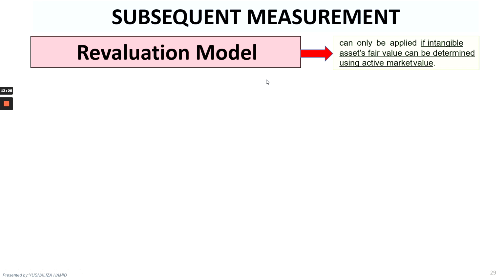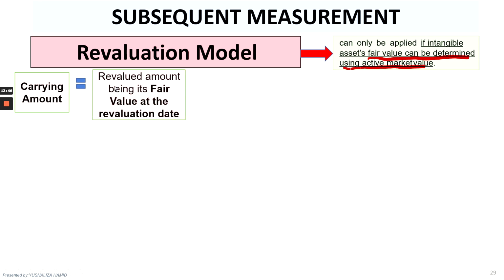For the revaluation model under MFRS 138, you can only apply it if the intangible asset's fair value can be determined using an active market value, if there is an active market. So the carrying amount of the asset, if you can recall under MFRS 116, is at fair value.